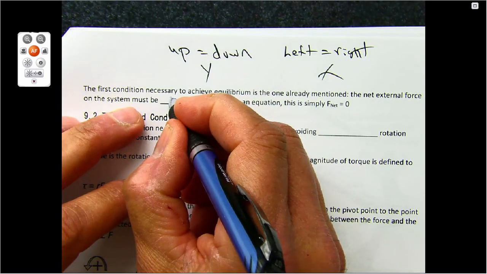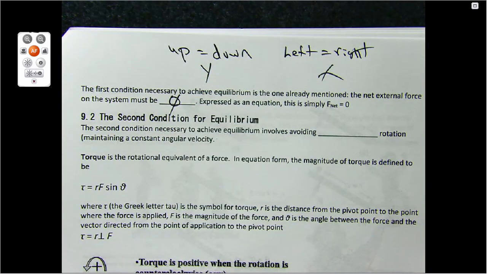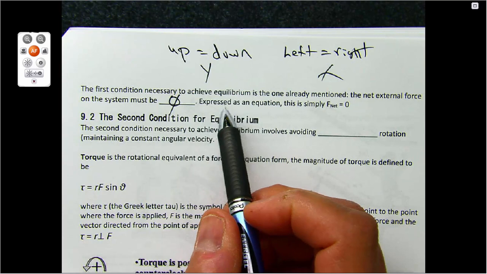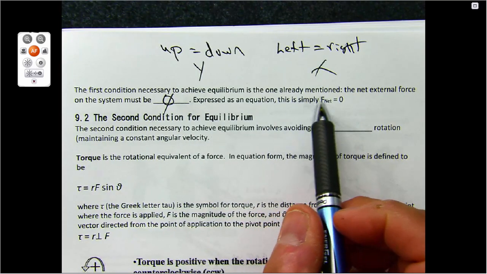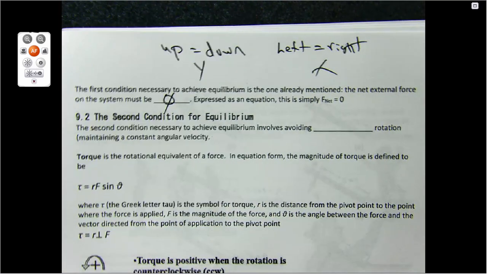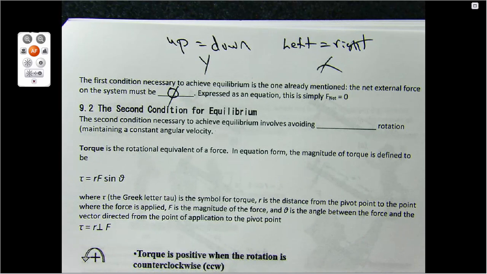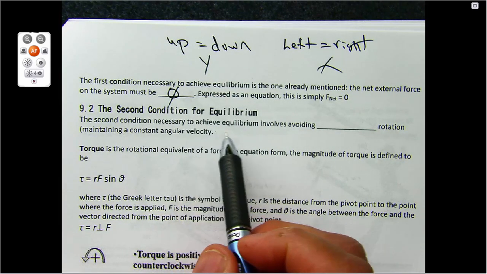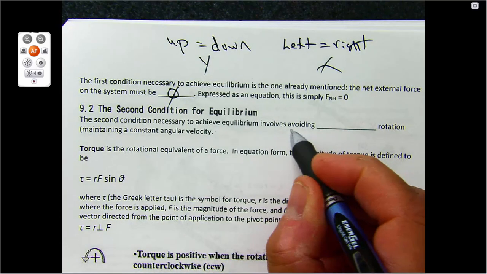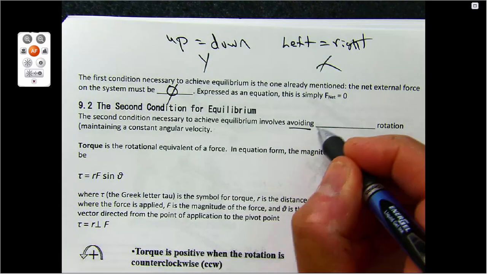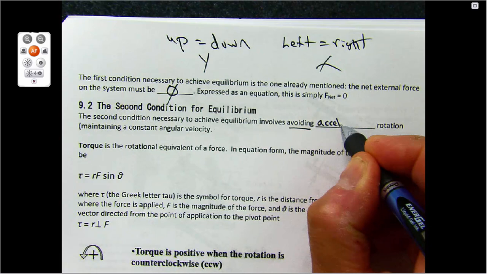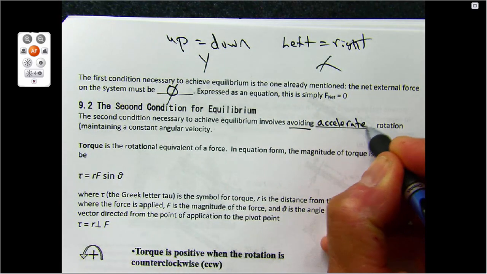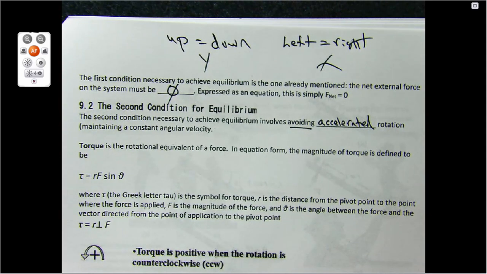So the first condition necessary to achieve equilibrium is already mentioned: up equals down, left equals right, essentially. The second condition necessary to achieve equilibrium involves avoiding accelerated rotation.